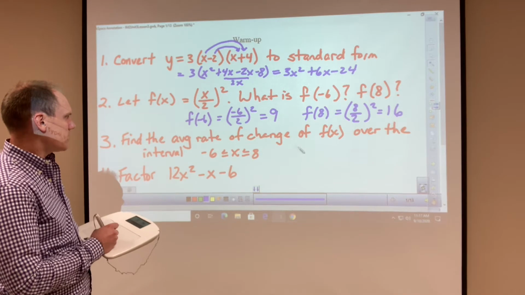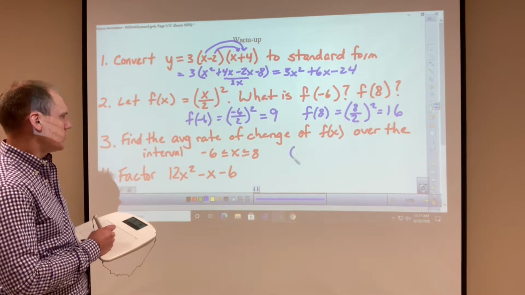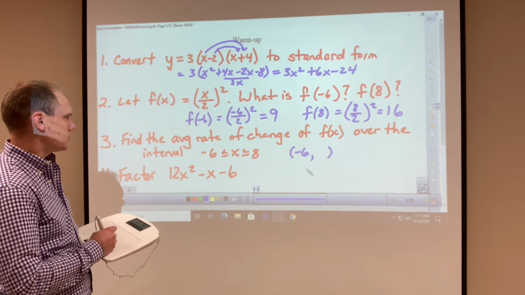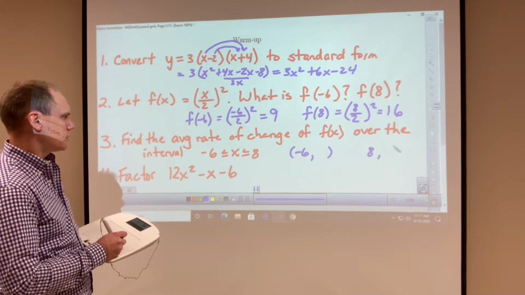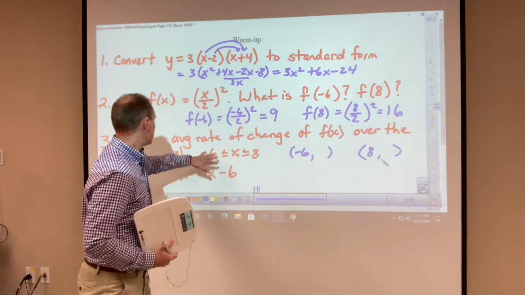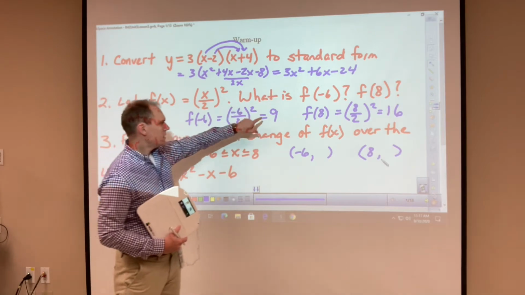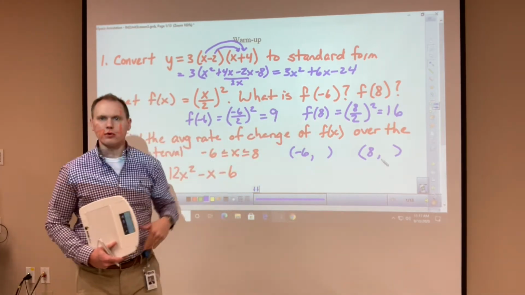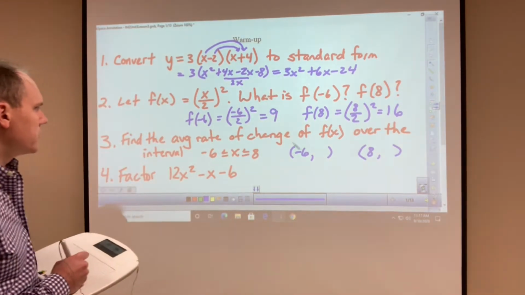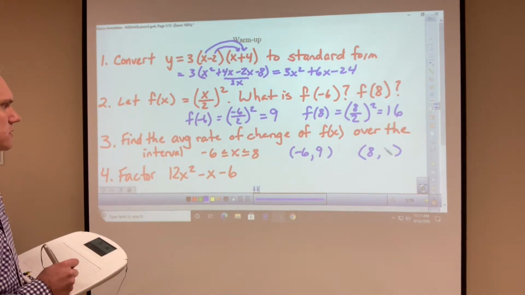So really we're going to find the slope between negative 6 comma something and 8 comma something. The great thing about these 2 problems put together is we've already found the y values for negative 6 and 8. For negative 6 that was 9 and for 8 that was 16.